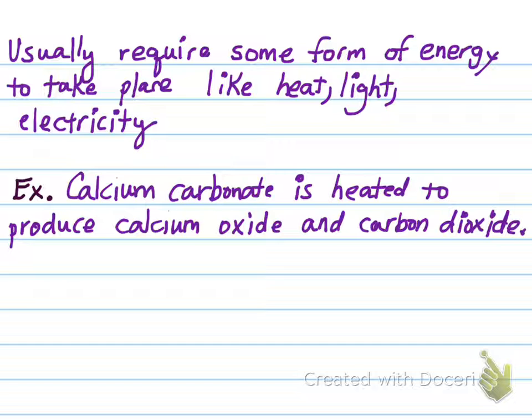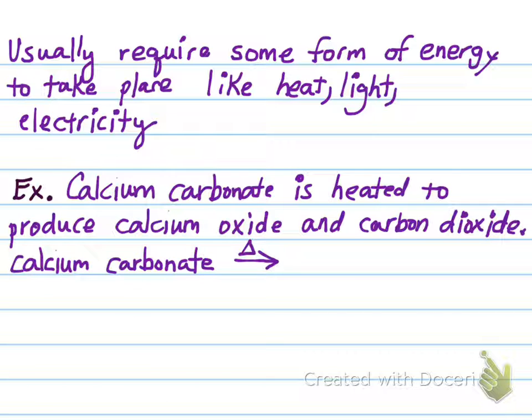So again, this is our sentence. The first thing that we're going to do to work towards getting our balanced chemical equation is make this a word equation. Calcium carbonate is heated. So that means calcium carbonate is our reactant. Now again, we can indicate that heat by putting that little triangle symbol over our arrow.